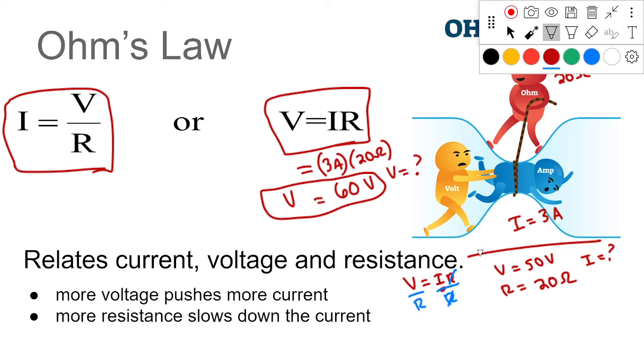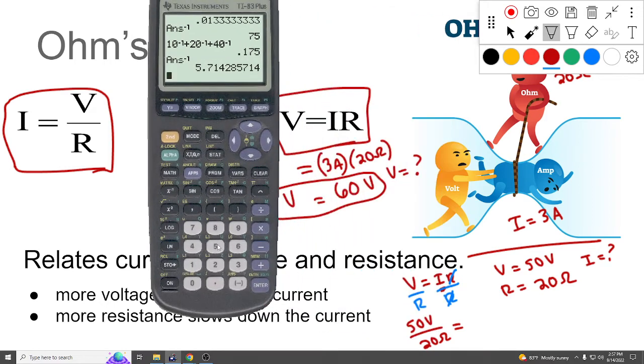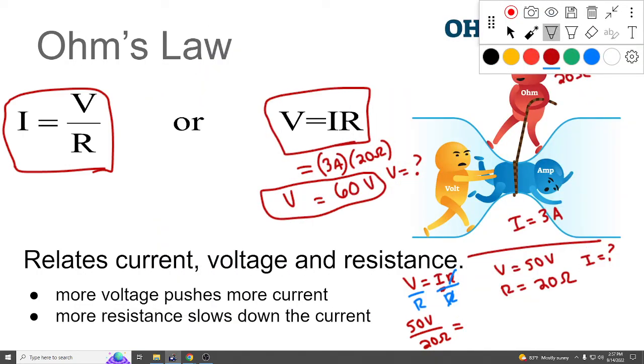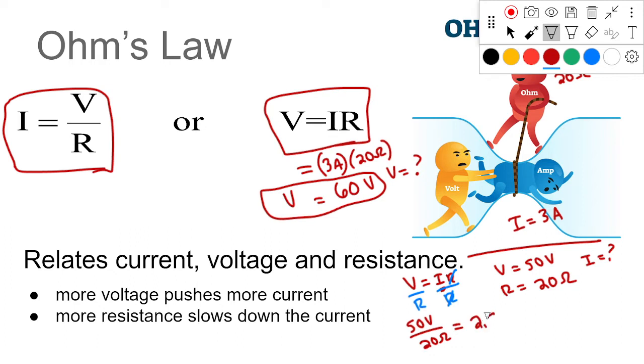So I've got the voltage, 50 volts. I've got the resistance, which is 20 ohms. And I divide, and that would be 2.5, I believe. 50 divided by 20, 2.5 amps. I wouldn't get 3 amps, I'd only get 2.5. Okay? A weaker battery means less current.